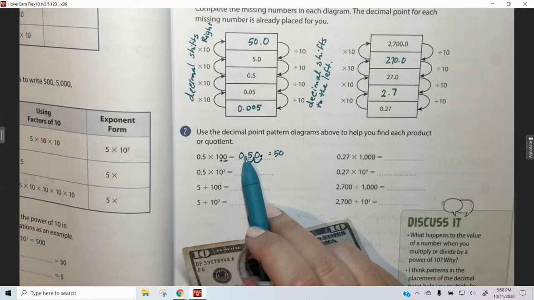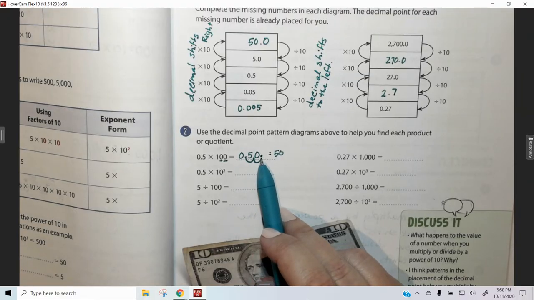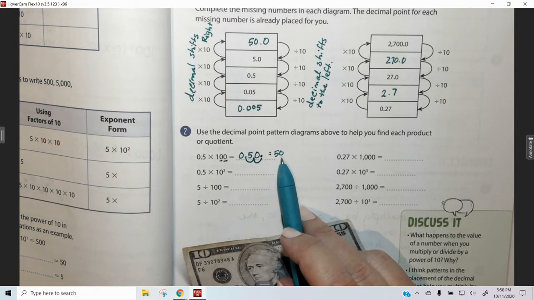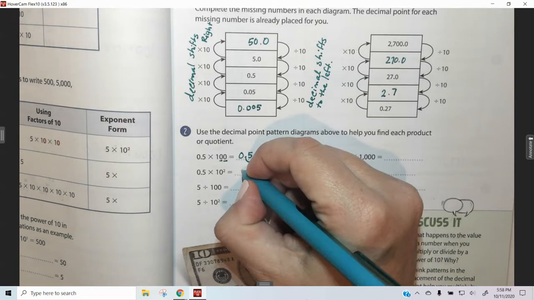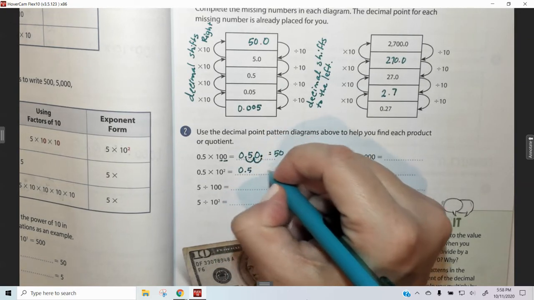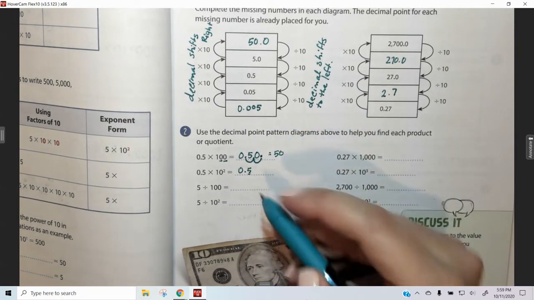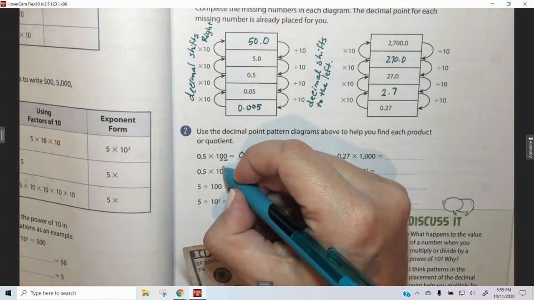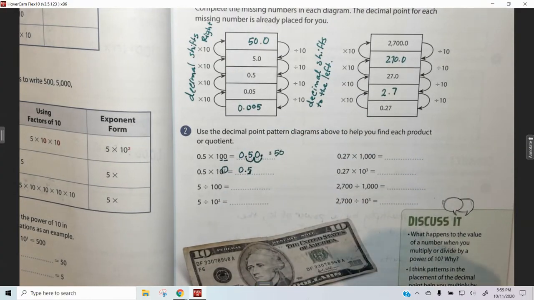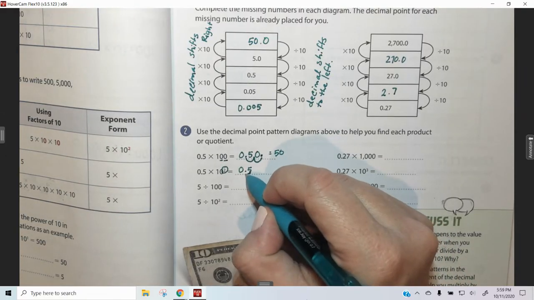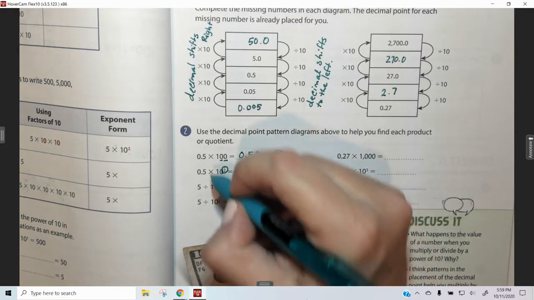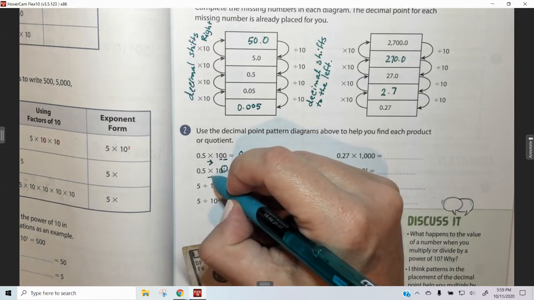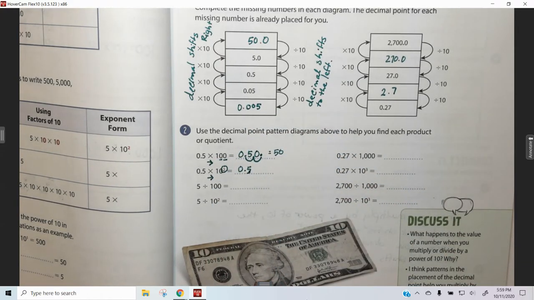Because we started with 5 tenths, we moved our decimal over 2 places, and we got 50. When we multiply 5 tenths times 10 to the second power, we know that that 2 means we're going to move our decimal over 2 places. And remember, because we're multiplying, we're moving our decimal to the right.